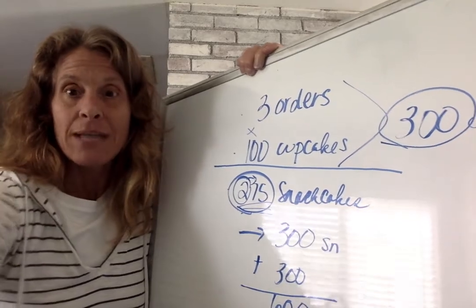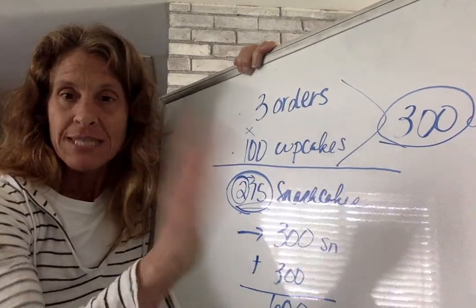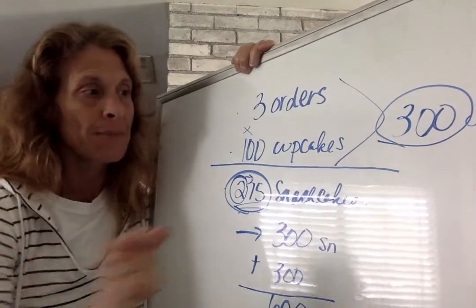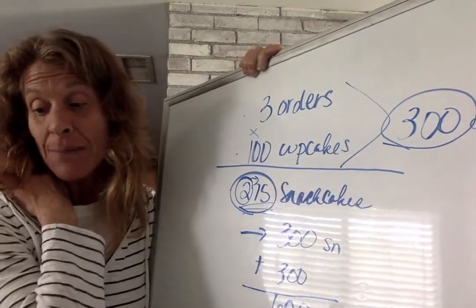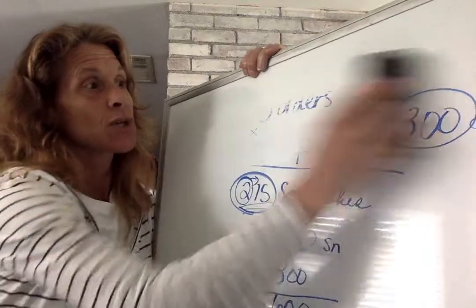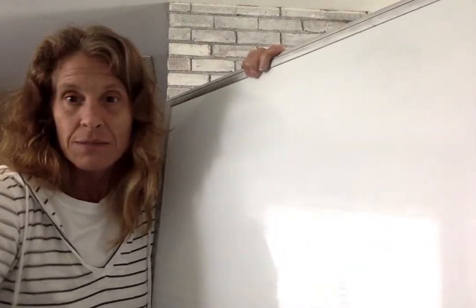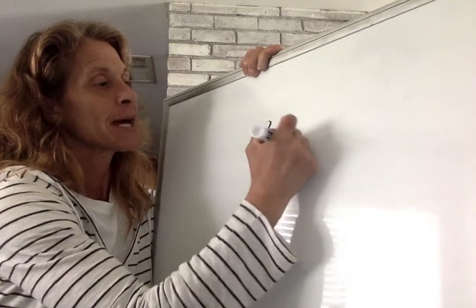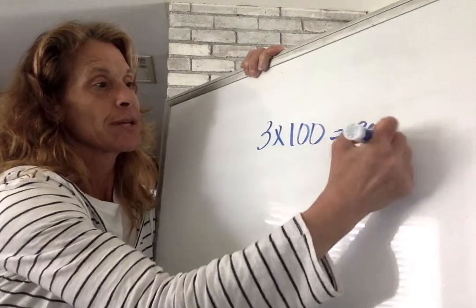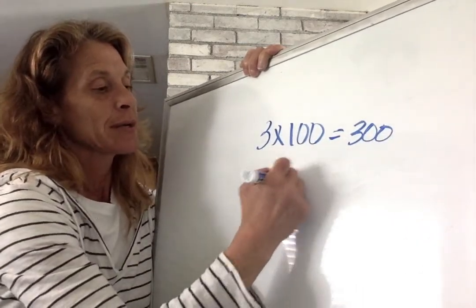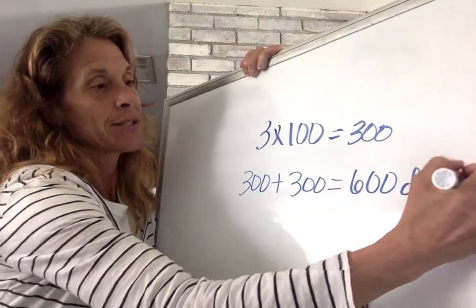Okay? So it sounds like a lot when you first read it, but if you break it down sentence by sentence and problem by problem, you're able to just work it out like this. Okay? So in your box, your little peach box, 3 times 100 equals 300, and then 300 plus 300 equals 600 desserts.